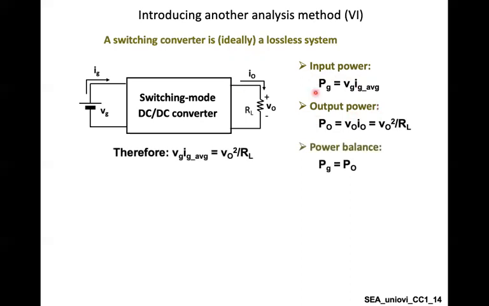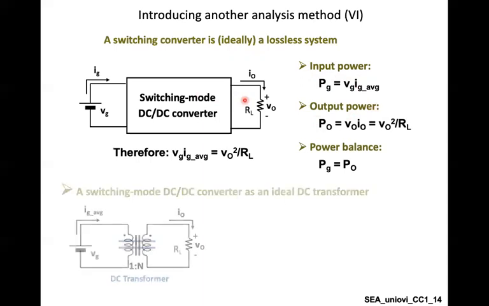I mean, the input power and the output power are equal. Of course, in a real system, this will not happen, and we will have what's called an efficiency, so your input power and output power are not equal. But ideally speaking, the input power and the output power should be equal.